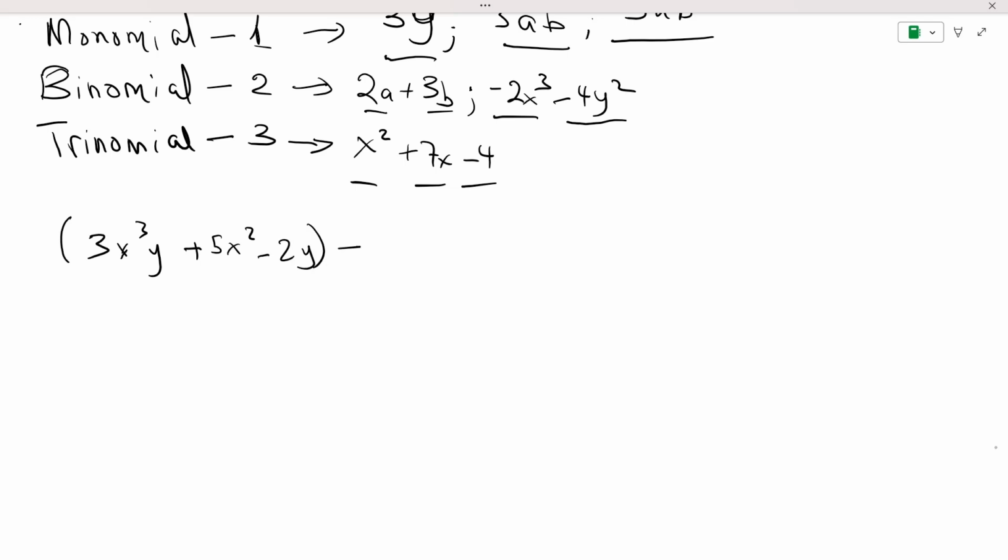And the second trinomial is 2x cubed y minus 5x squared plus 3x.